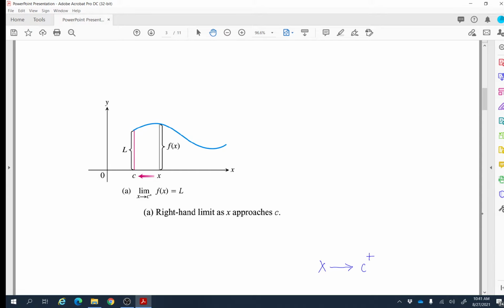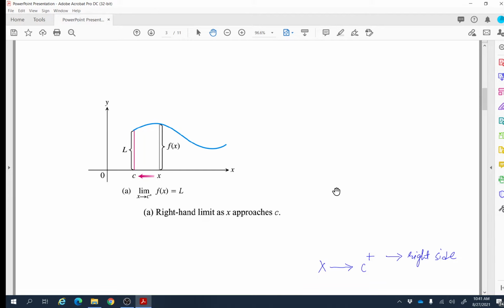Instead of saying right side, we can write down plus. This plus is for right side. Okay, so when x approaches c from the right direction, the value of this function, as you can see, is approaching this value, which is L.